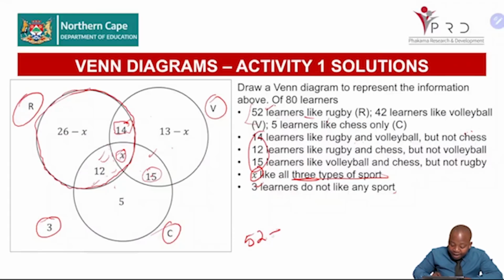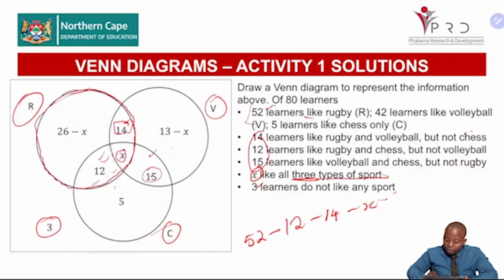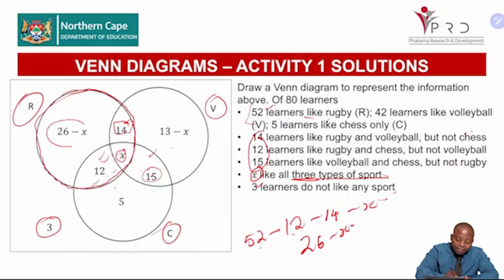It's 52 minus the 12 minus the 14 minus the X. Right, so we are going to get 52 minus 12 minus 14 minus X. We are going to get 26 minus X, which is the value that we are going to place right there. Then we are coming this side.